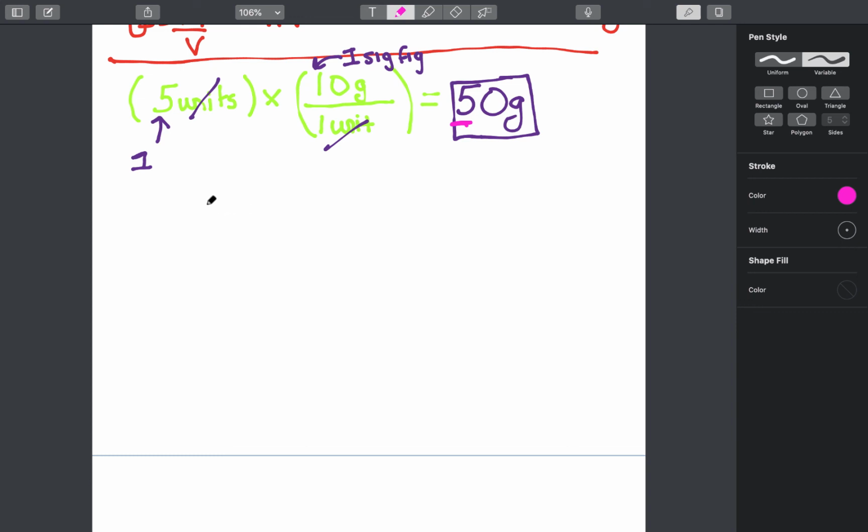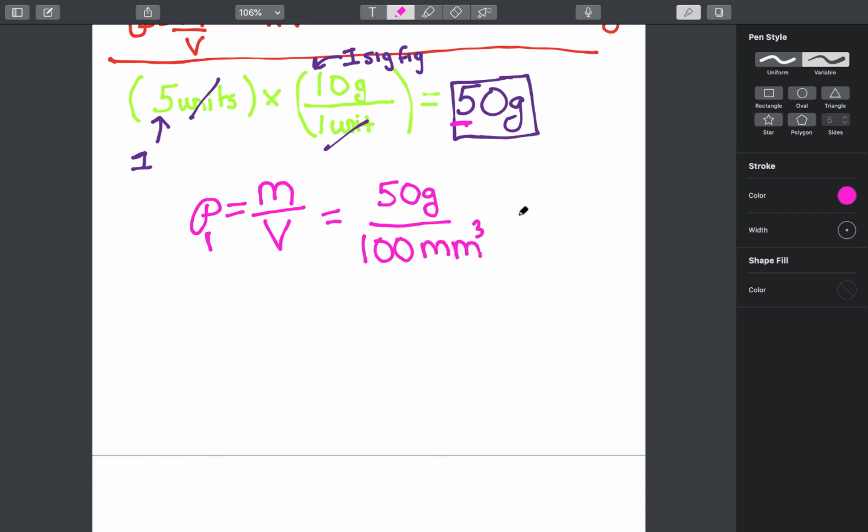So we know from the equations above that density, that's the symbol for density, is equal to the mass of the gas over the volume in which it was contained. So we're going to call the initial container 1, and we have 50 grams of gas in a 100 cubic millimeter container.